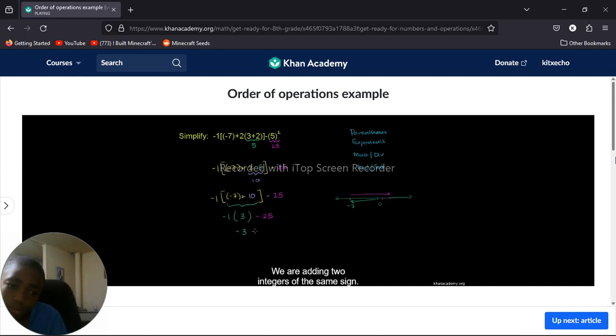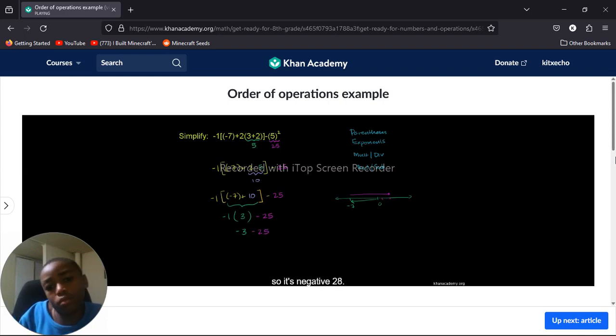We are adding two integers of the same sign. We're already at negative 3, and we're going to become 25 more negative than that. Or you could view it as 3 plus 25 is 28, but we're doing it in the negative direction, so it's negative 28. So this is equal to negative 28, and we are done.